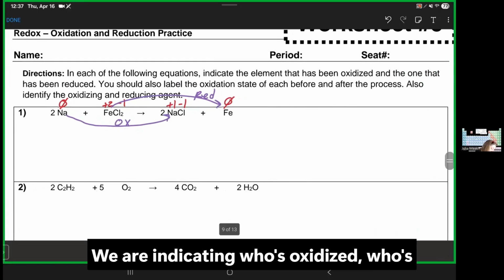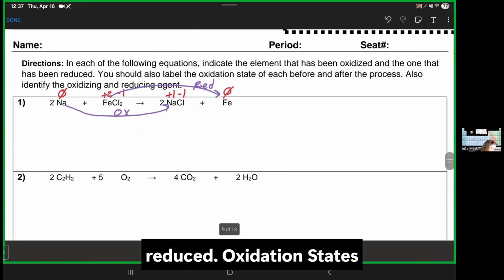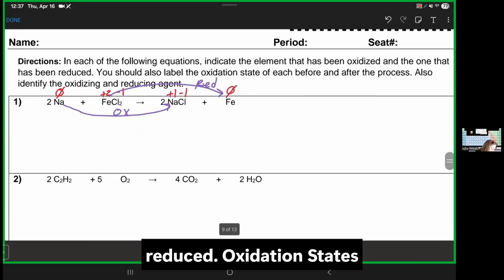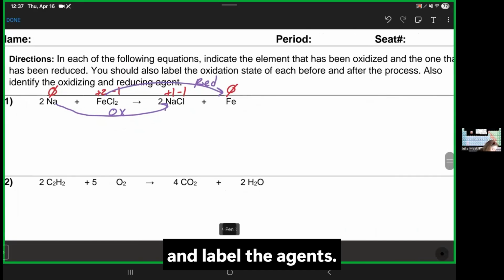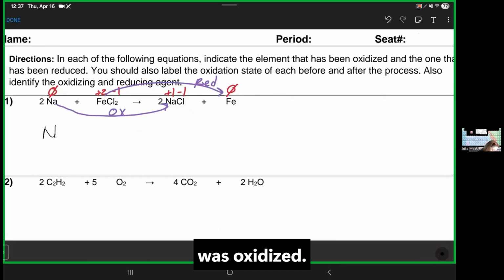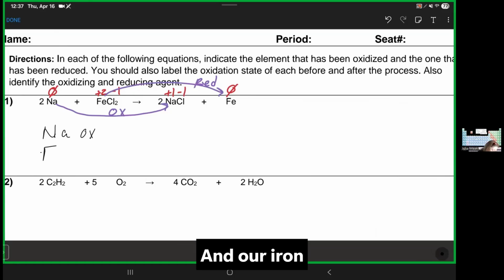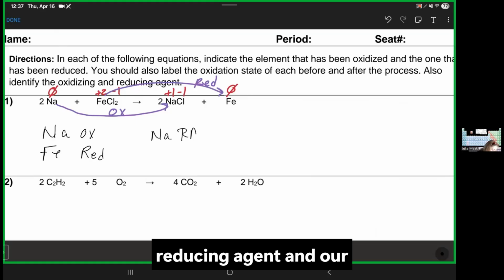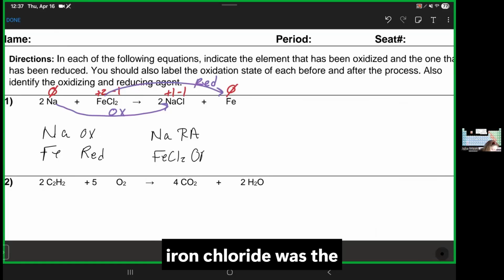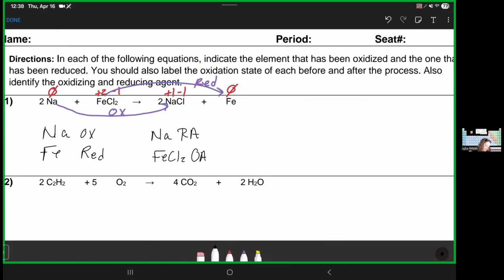We're indicating who's oxidized, who's reduced, oxidation states, and labeling the agents. So our sodium was oxidized, and our iron was reduced. Our sodium is the reducing agent, and our iron chloride was the oxidizing agent.